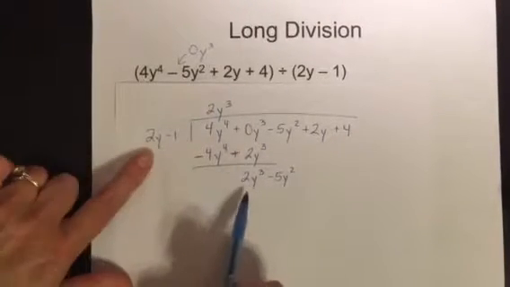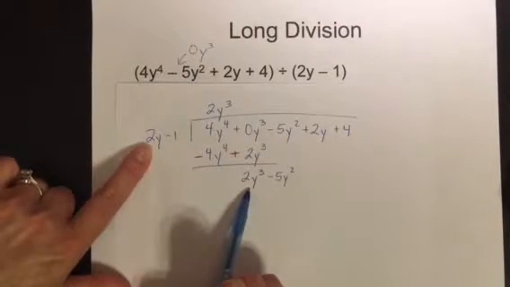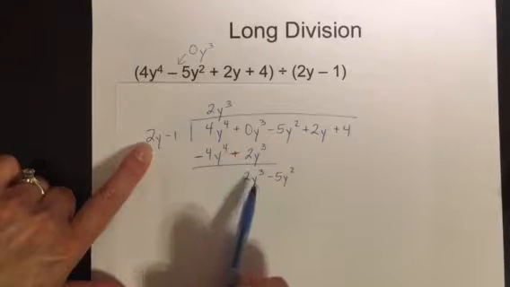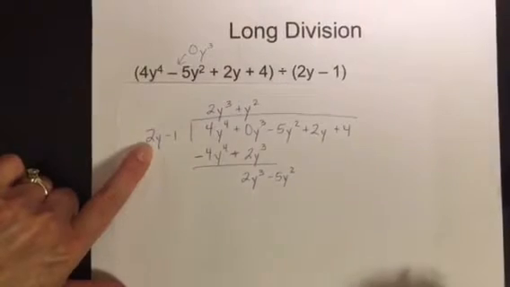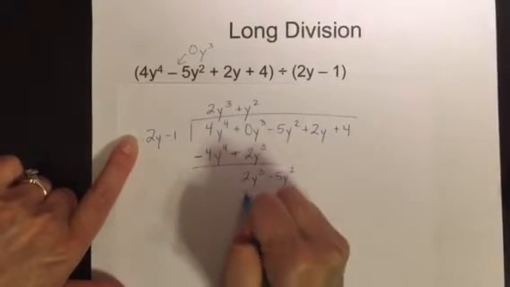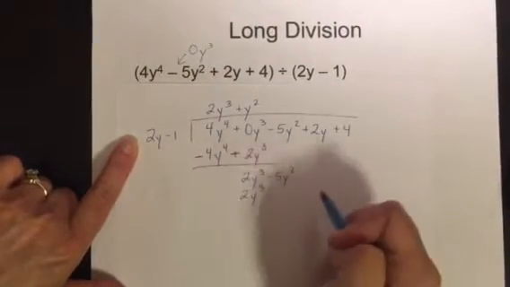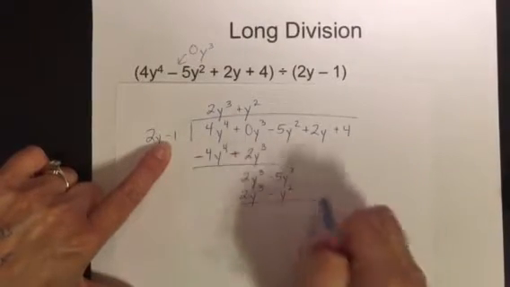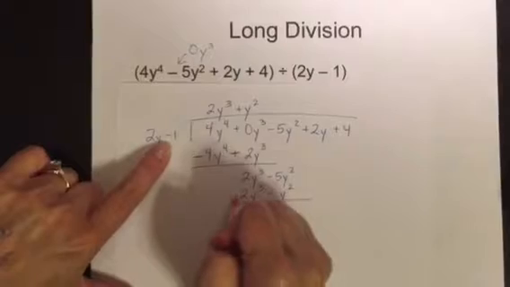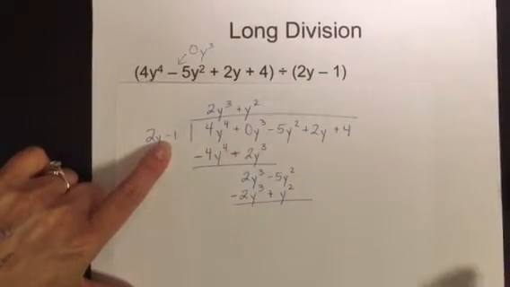Now I need to ask myself, what do I multiply by 2y to get 2y cubed? Well, the only thing I need in this case is y squared. So that's going to give me 2y cubed minus y squared. Subtracting, switch my sign.